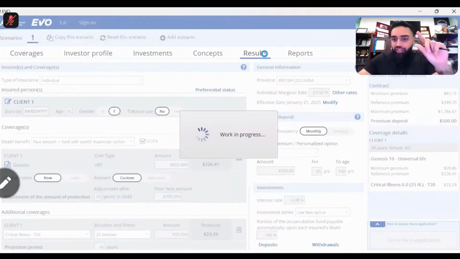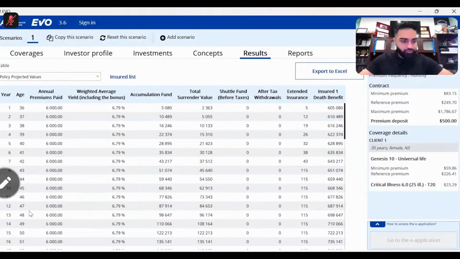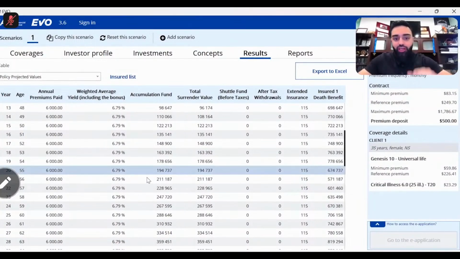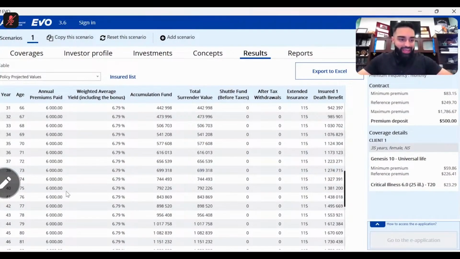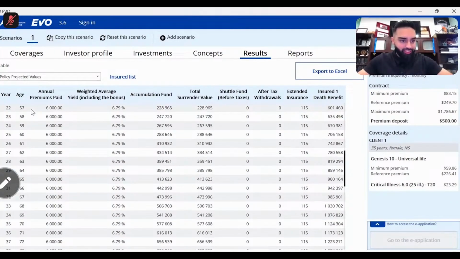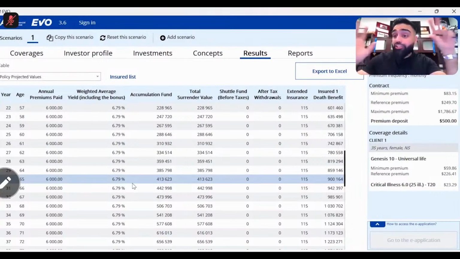In 20 years, instead of $72,000, they would have saved almost $200,000 in this account. At age 65, at retirement, they would have almost $500,000 saved up in this account for their retirement.